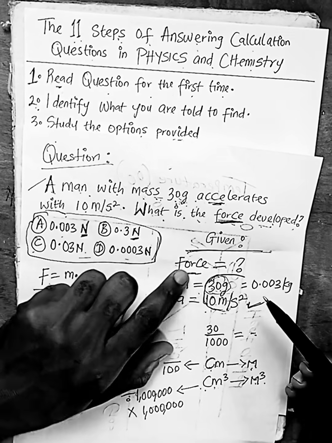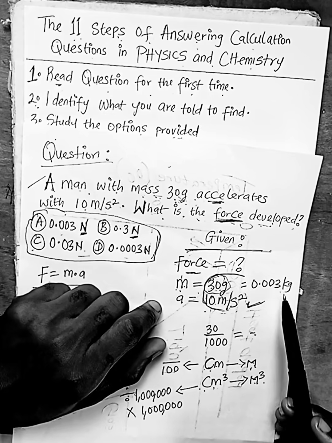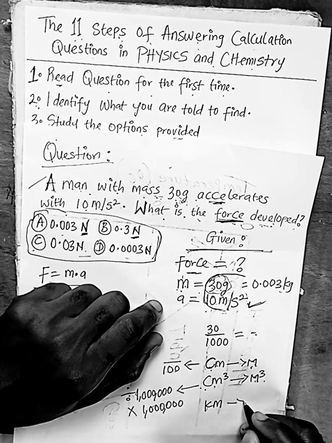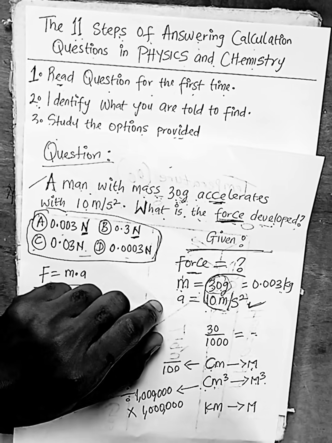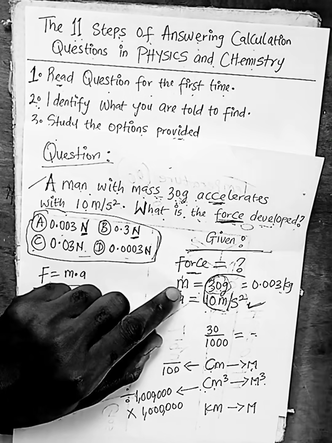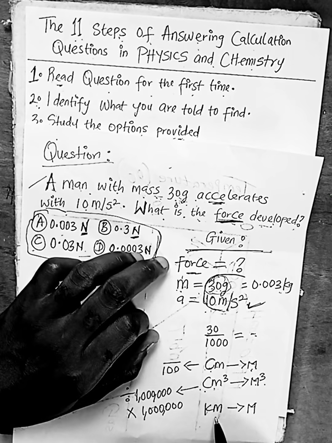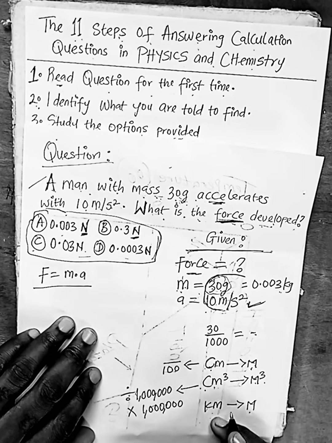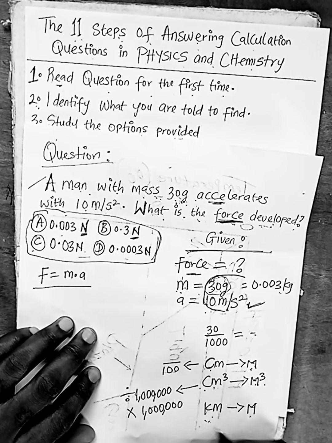Then there's another conversion. We've already done gram and kilogram. Another one is kilometer to meter. You multiply or divide by 1,000. If you are converting from the bigger one to the smaller one, you multiply. But if you are converting from the smaller one to the bigger one, you divide. The final one is time, which is minute and second.